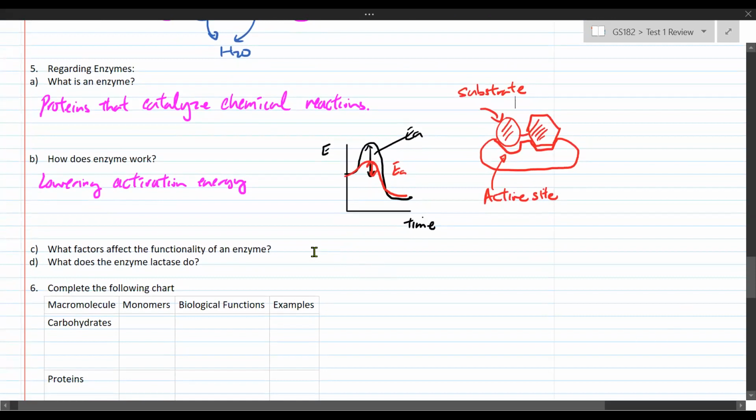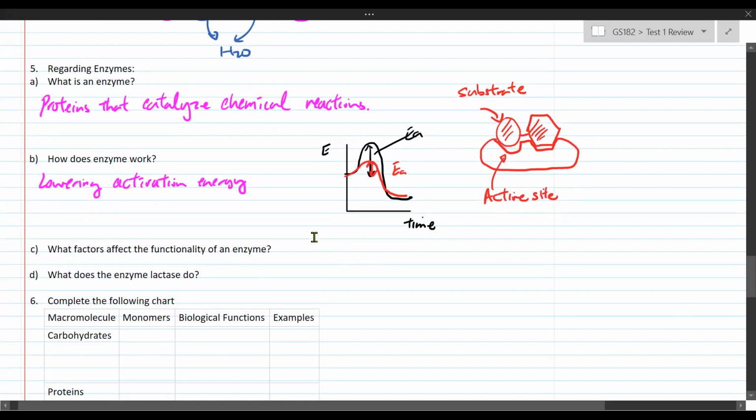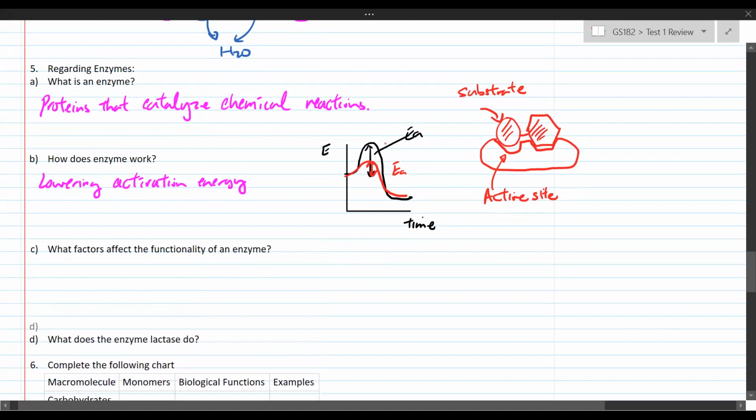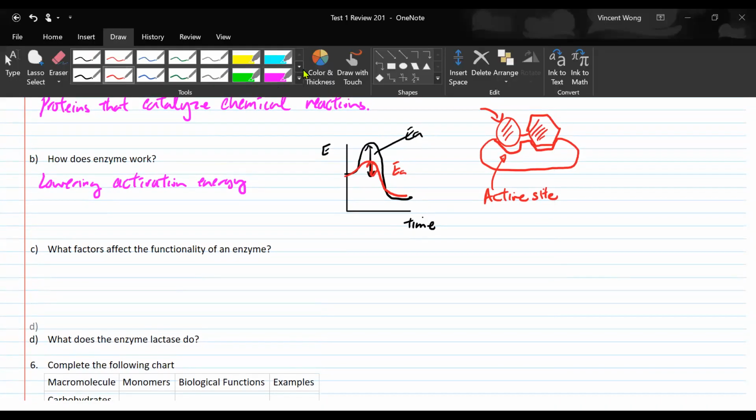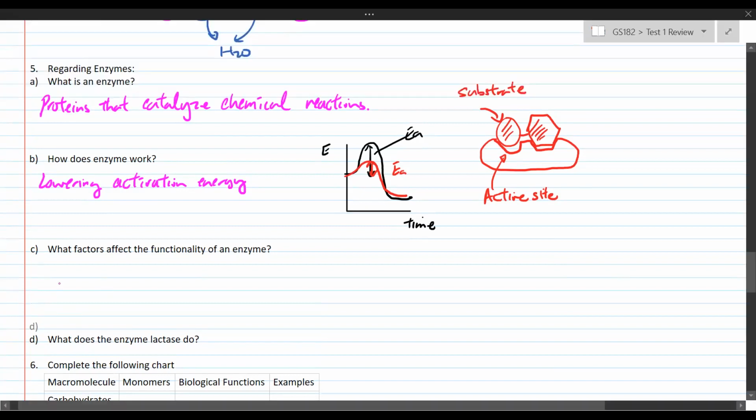Next, what factors affect the functionality of an enzyme? Well, since an enzyme is made of protein, anything that alters the shape of the protein is going to affect its function. For example, temperature, pH, and ionic concentration.